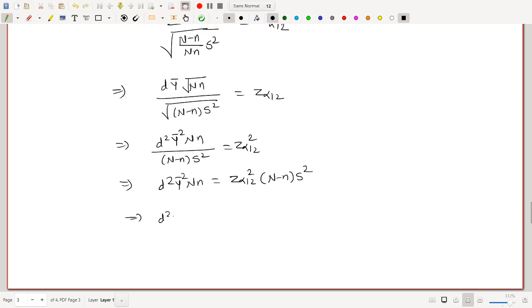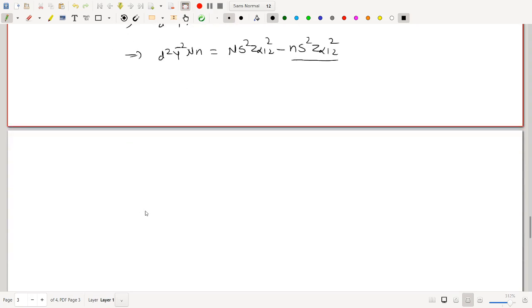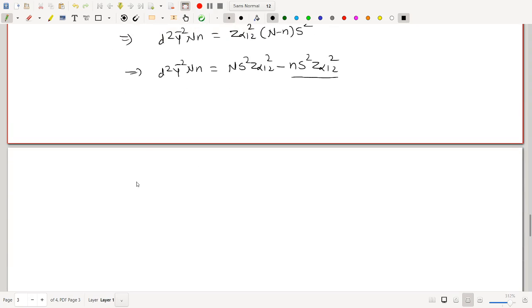So this implies d square Y bar square n is equal to capital N S square z alpha by 2 square minus small n S square z alpha by 2 square. Send this one to this side, then we get d square Y bar square n plus n S square z alpha by 2 square is equal to N S square z alpha by 2 square.